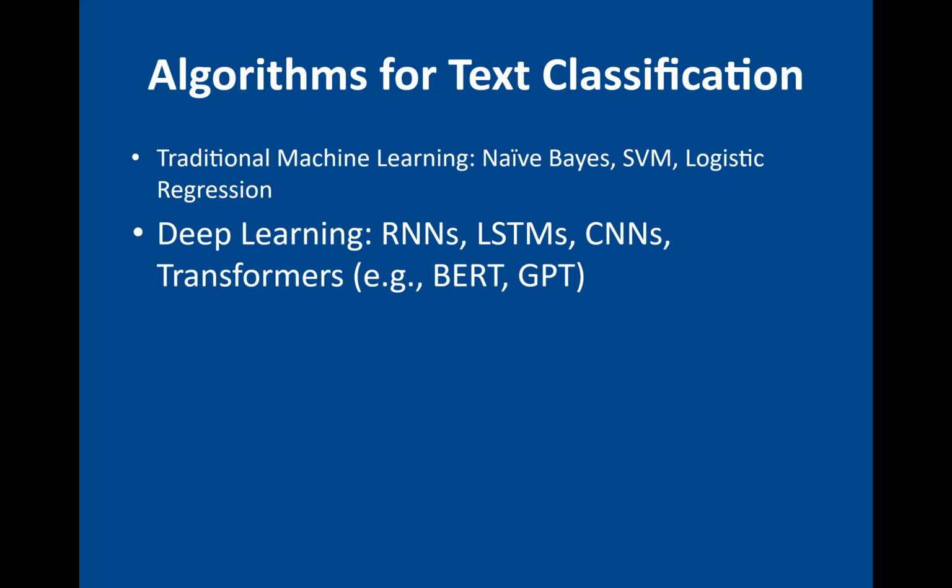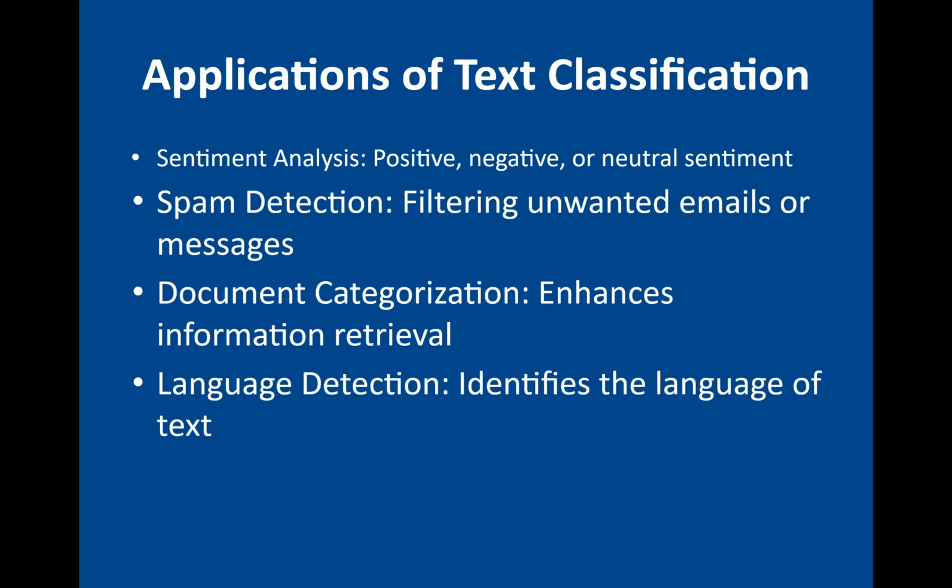Then CNNs, convolutional neural networks, which capture local patterns in text, often used in combination with RNNs. And then transformers, which revolutionized NLP by capturing contextual relationships, with examples like BERT, GPT, RoBERTa, etc.